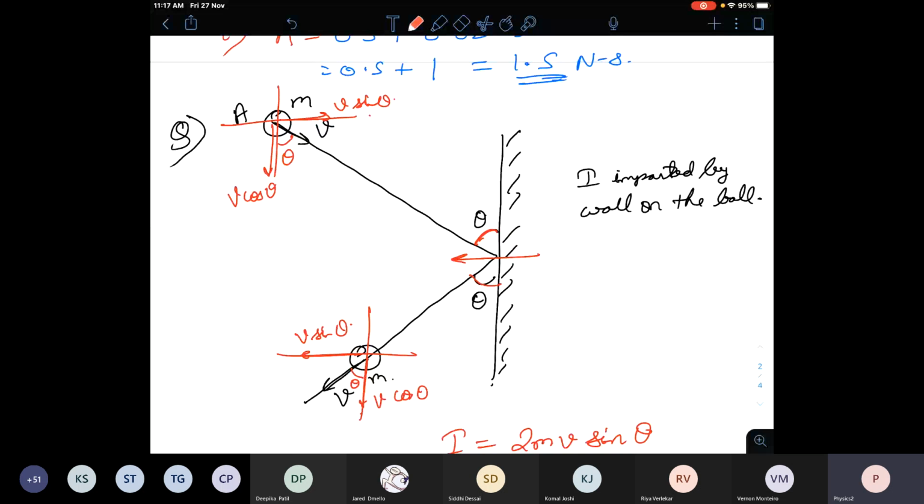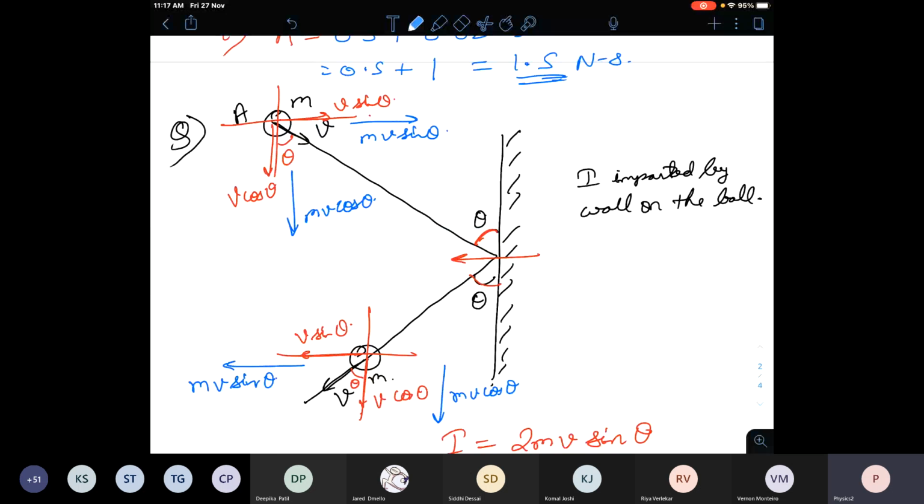Before collision, the momentum in this direction is mv cos theta, and after collision also it is mv cos theta. So there is no change in momentum in y direction, the direction parallel to the wall. But in the direction perpendicular to the wall, the momentum was mv sine theta. Now it has become minus mv sine theta, that is in the opposite direction.